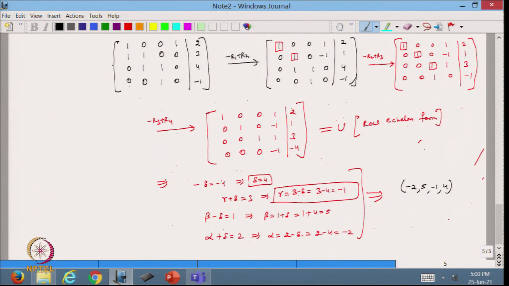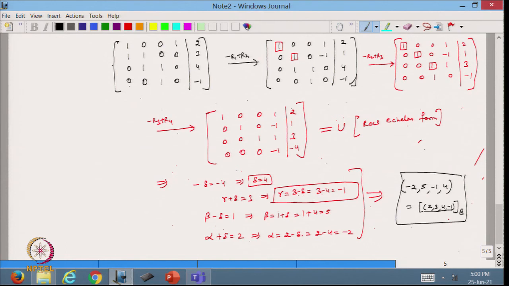So now we can write that these are the coordinates of the vector we have started with, 2, 3, 4, minus 1, with respect to the basis B. So that is minus 2, 5, minus 1, 4.